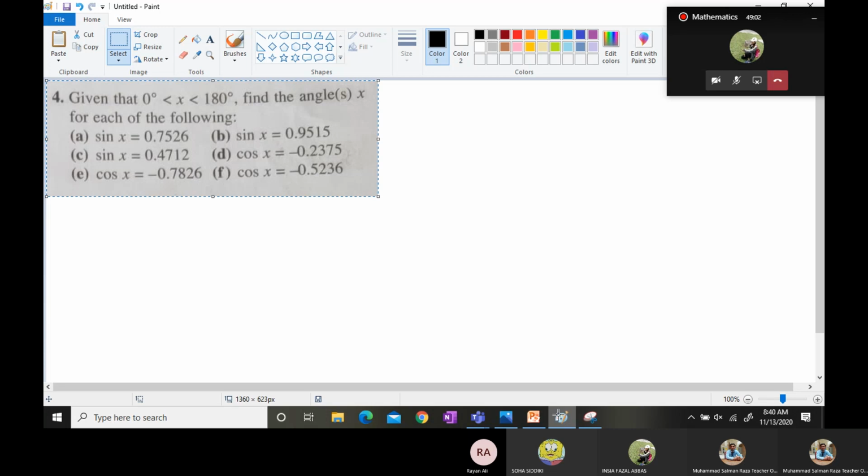Now you can see another question is here, and it says, given that x is greater than 0 but less than 180 degrees, and you need to find out the angle of them.